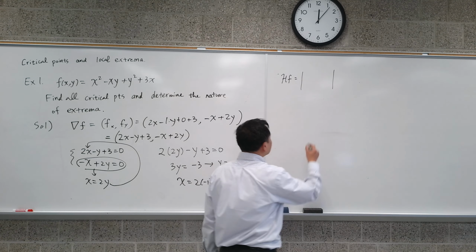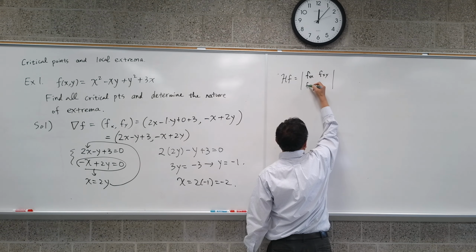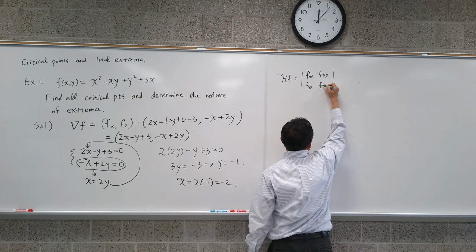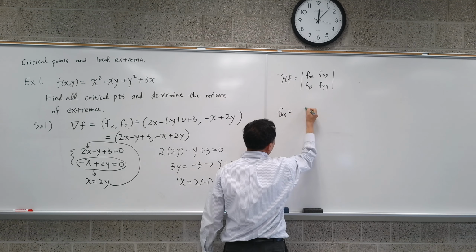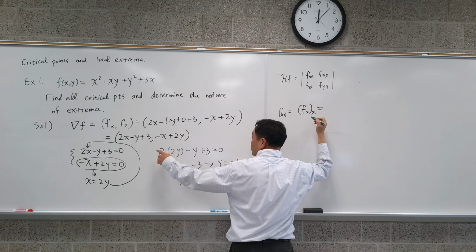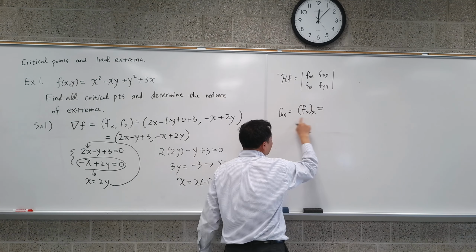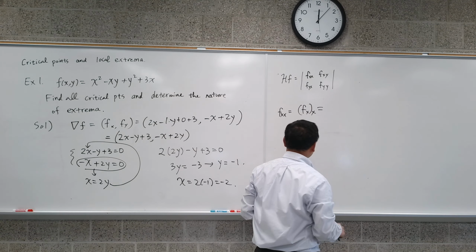So what is fxx? Well, that means you're differentiating fx by another x. And by the way, I'm using subscripts for derivatives because it's easier to write that way. Hopefully that's not going to confuse you.